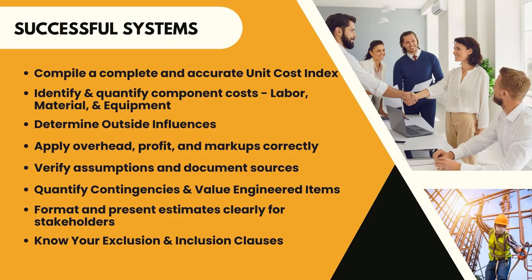So, those exclusion and inclusion clauses are very important because your construction company may not be able to do everything that is included within the bid. And so, if you are going to be removing scopes of work from what you are going to be responsible for, then you need to make sure that there's someone else identified to be able to take it on, or that that work has appropriately been redirected to another contractor.